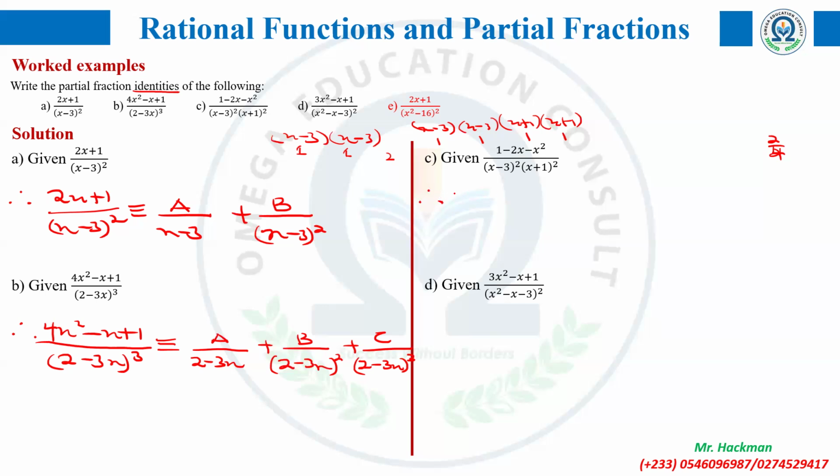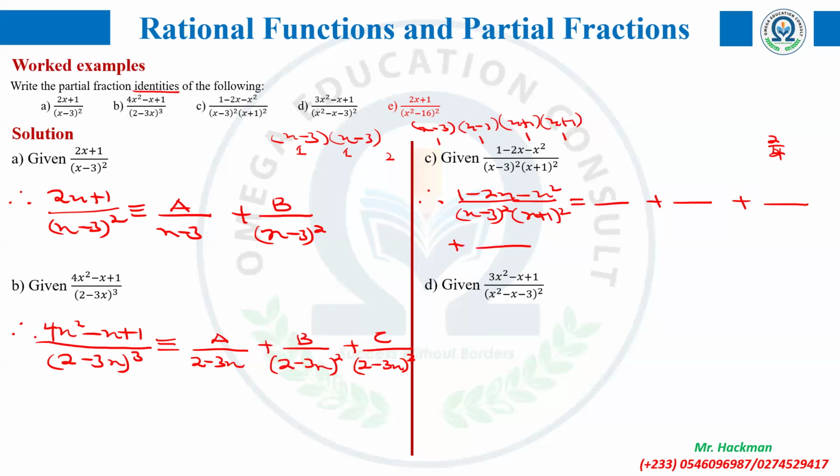Therefore, 1 minus 2x minus x squared, all over x minus 3 all squared, times x plus 1 all squared, will be equal to, you said 4 fractions. So the first plus the second plus the third, then I'm coming down, plus the fourth. Is that clear?